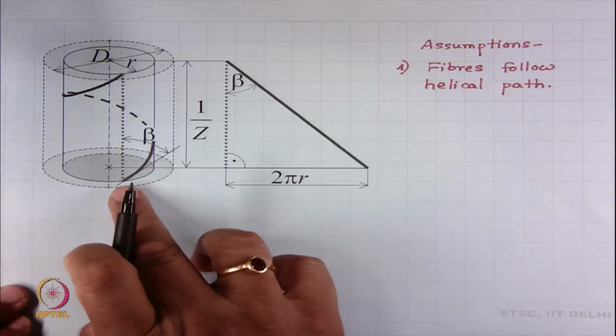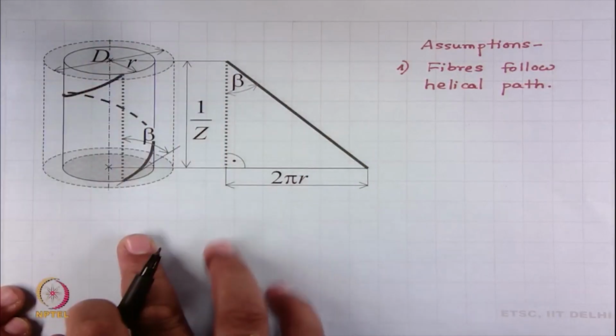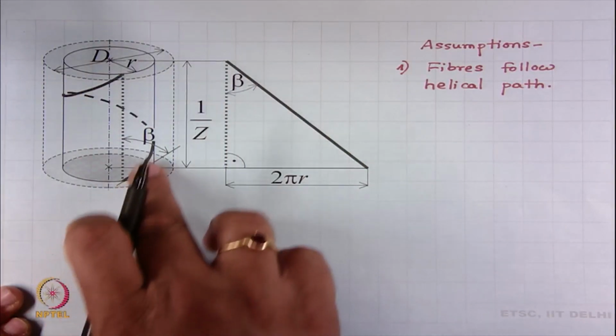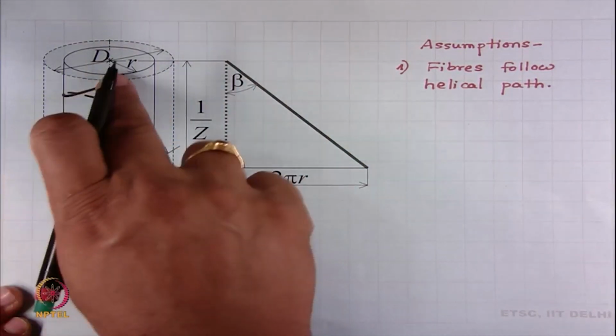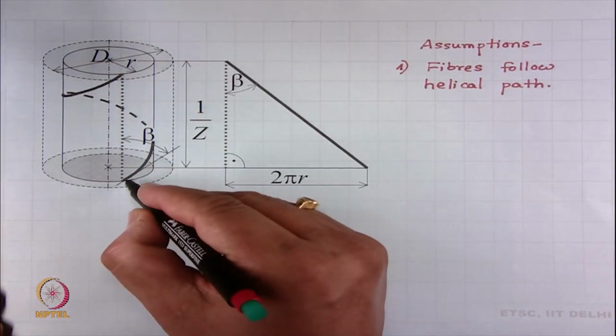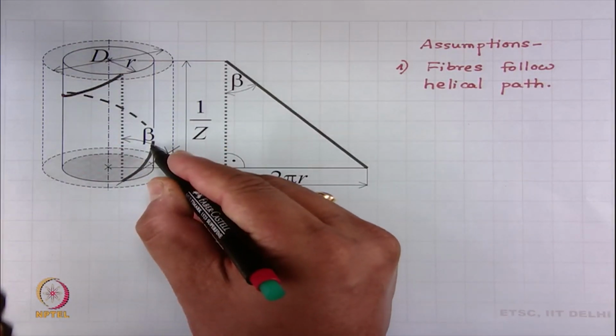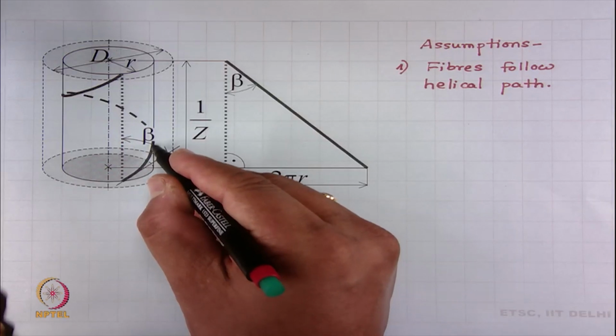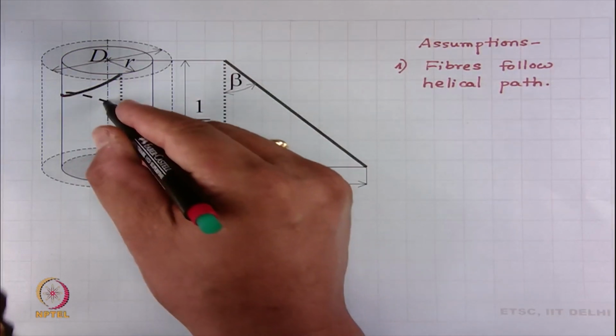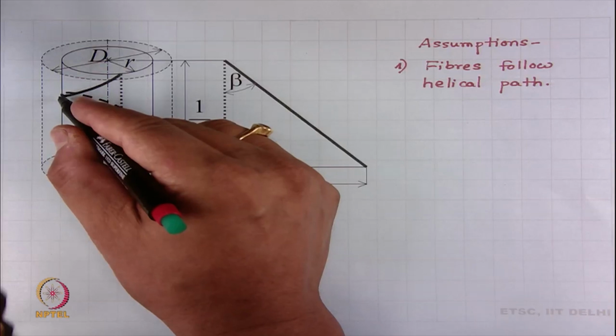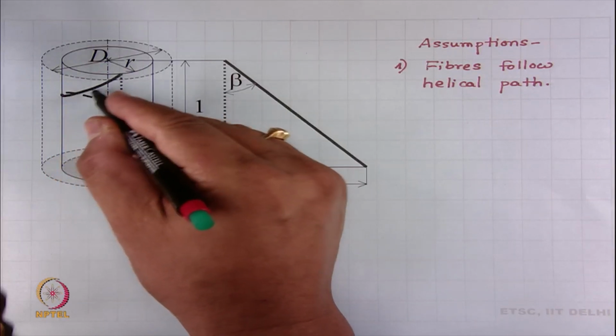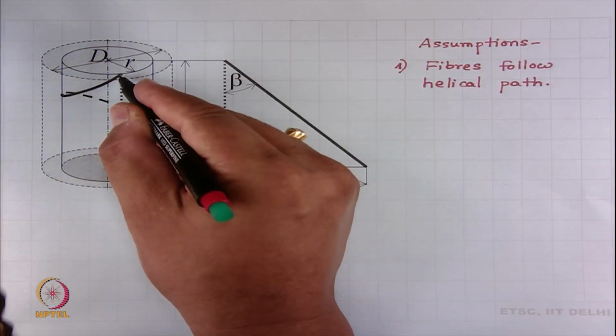So, you see it is a yarn, a cylindrical yarn, and this fiber follows a helical path. Here you see the thick portion of the fiber which comes to the surface, then the fiber goes inside, the dotted line, you do not see it, then again it goes to the surface. So, you see it as a thick black line.